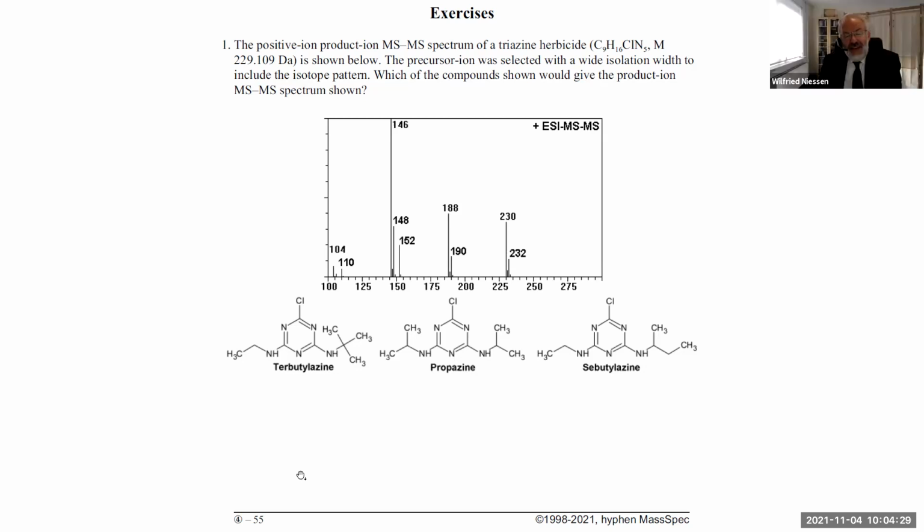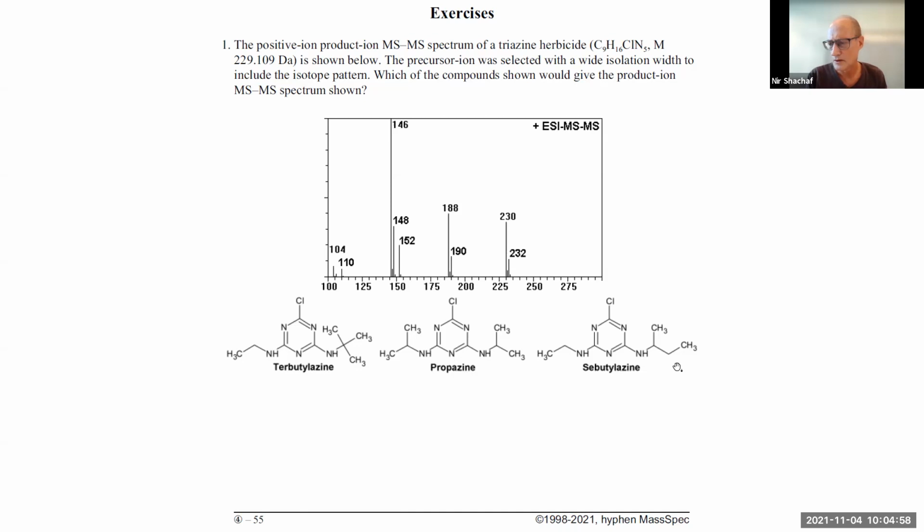Well, in fact, from the story you told so far, having the 42 loss between the 230 and the 188, you can already conclude that it must be the propazine, the one in the middle. Yes. Because for the sebutylazine and the terbutylazine, you actually will see the loss of 56. Yes, that was my conclusion as well.